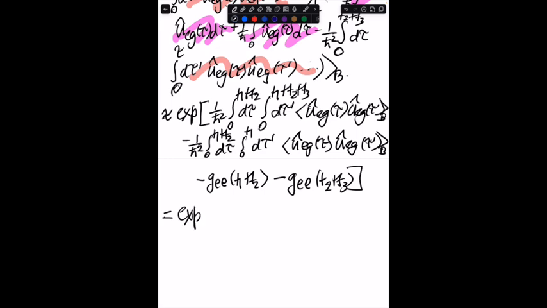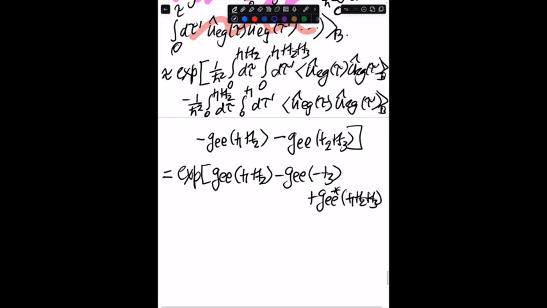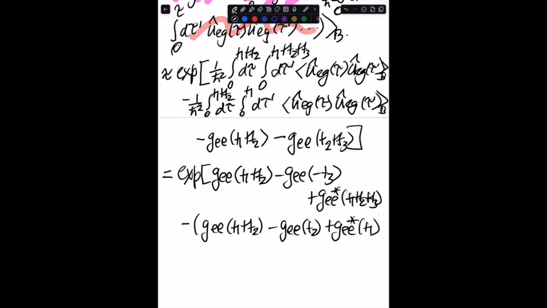And then from the first term, I'm just going to use the same property as last time: G, the first upper limit, minus G, the difference in limits, which is minus T3, and then plus G star, the second limit, T1 plus T2 plus T3, minus G(T1 plus T2) minus G(T2) plus G star(T1), right?